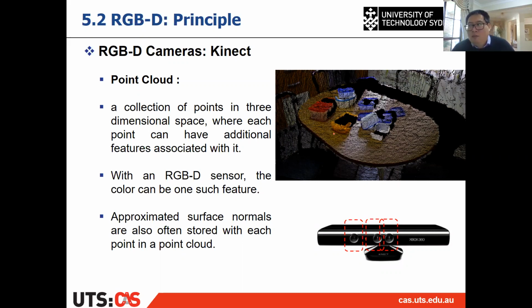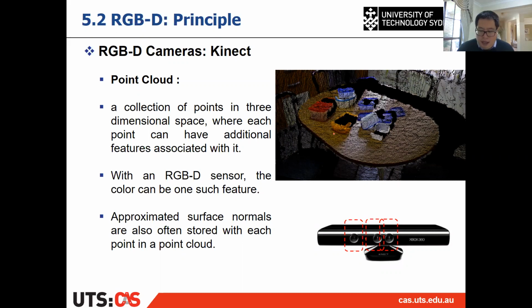But when you want to apply an RGBD sensor at a relatively closer distance, but with higher depth accuracy, you may use the RealSense, something like that. So there are multiple RGBD cameras that you can choose. Then you need to make sure that it fits your project and your application environment.